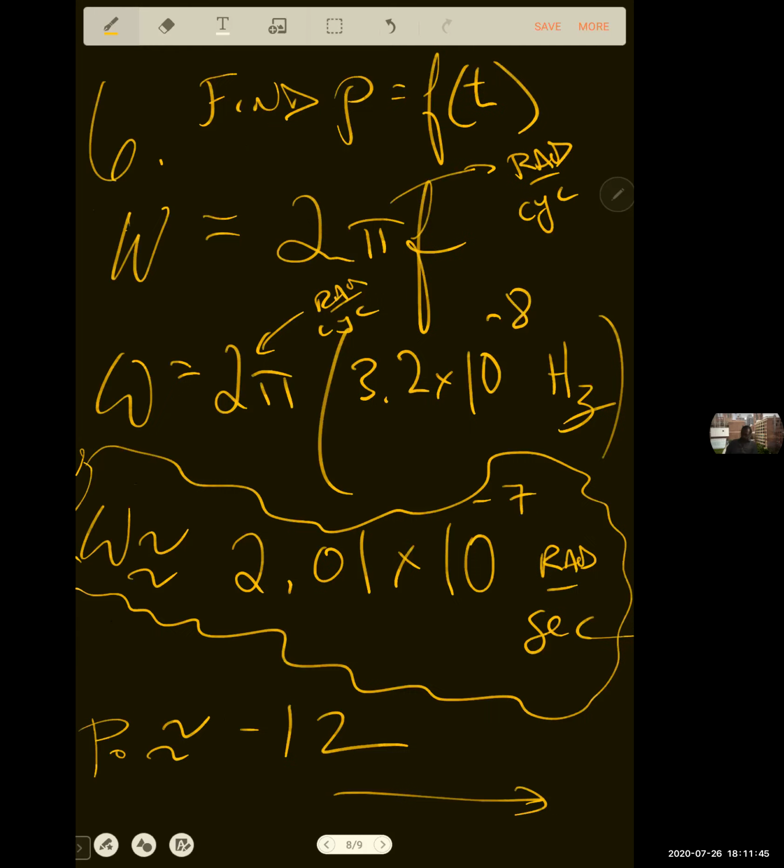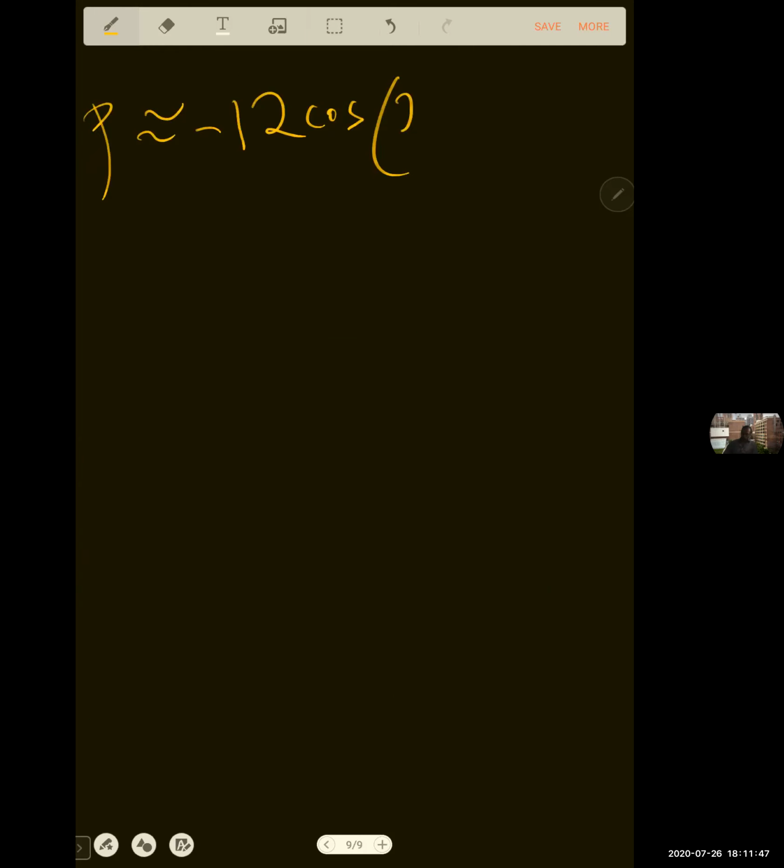All right, P approximately equals negative 12 times cosine of whatever that number was, 2.01 times 10 to the 7th T.